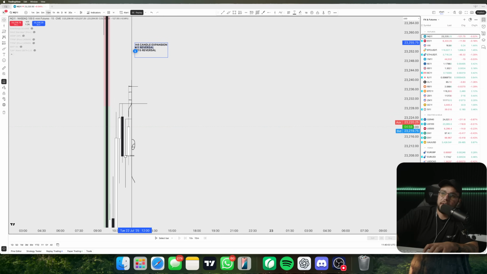So right now this is currently 11:30. The next 15-minute candle, if C2 closes as reversal, becomes expansion candle. Are you following?